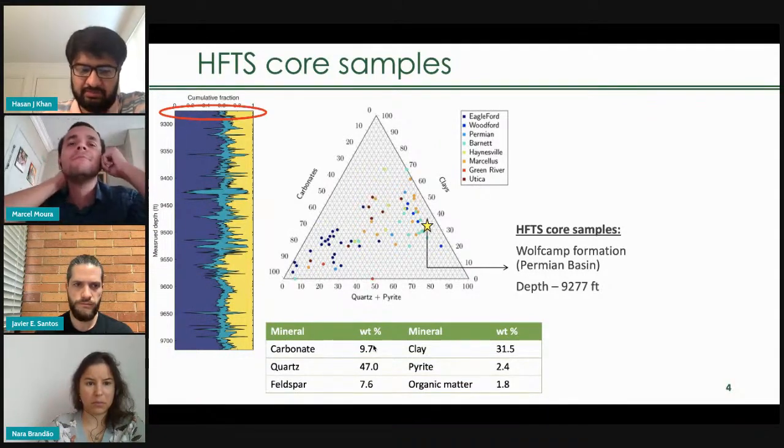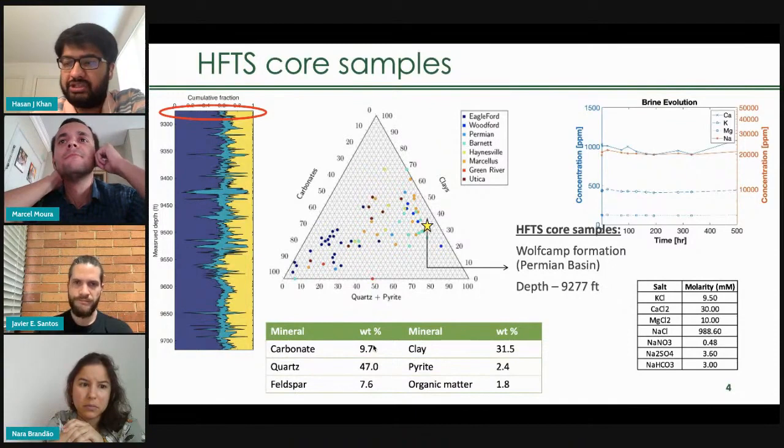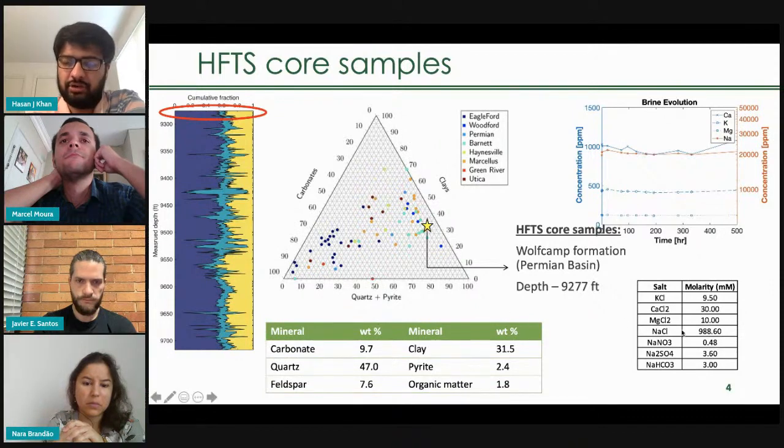Once we identified the sample, the next step was to generate an equilibrated brine, for which we reworked the produced water chemistry, and working under charge balance, we were able to generate a brine recipe.